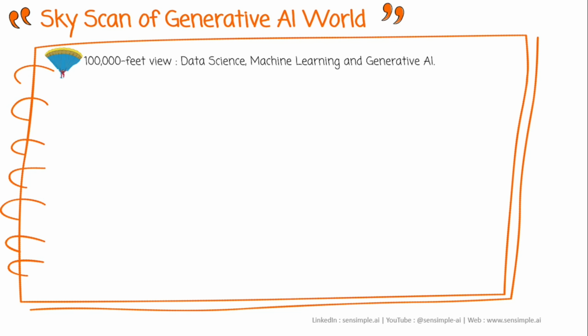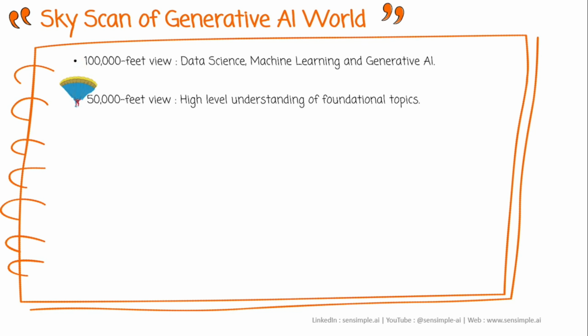The next thing that we completed in the previous session is the 50,000 feet view of high-level understanding of the foundational topics within data science and machine learning to get us bootstrapped with just enough terminologies.